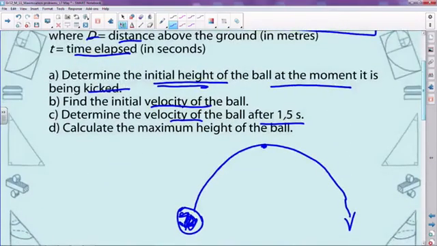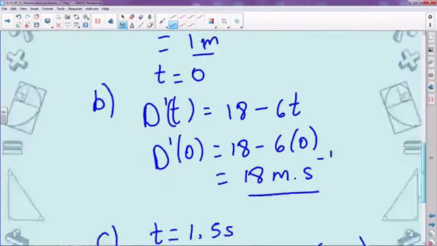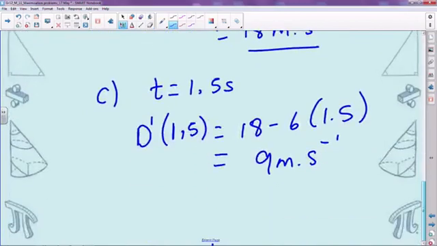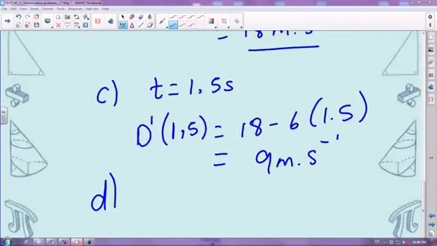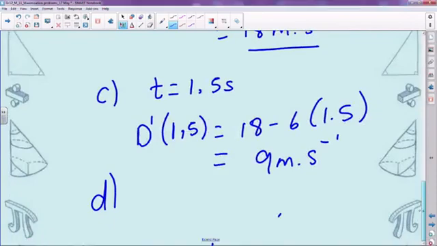And then part D says calculate the maximum height of the ball. So obviously we know this ball's going into the air, it's going to reach some maximum point, and then it's going to start dropping once again back to the ground. So to find the maximum height of the ball, when you're thinking about calculus and about maximums or minimums, that tells me that I need to derive. I already have my equation of the derivative.